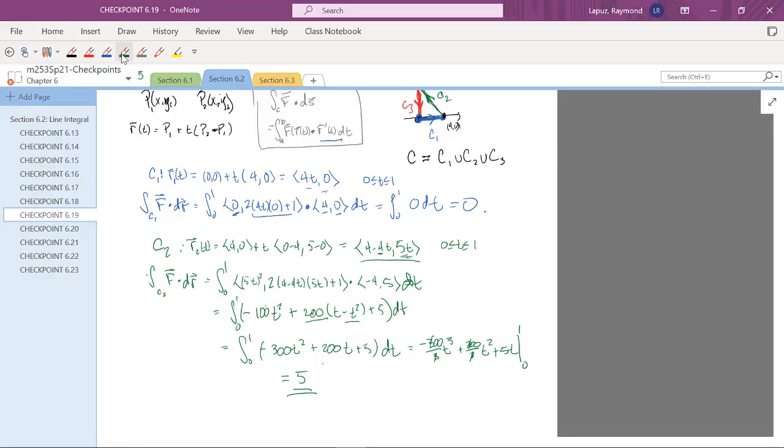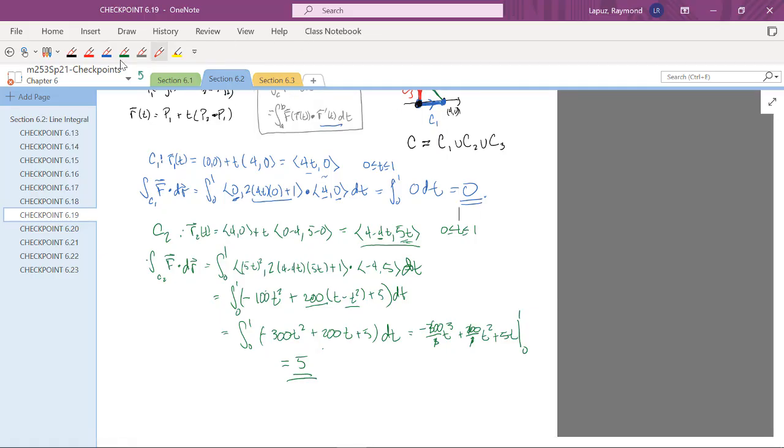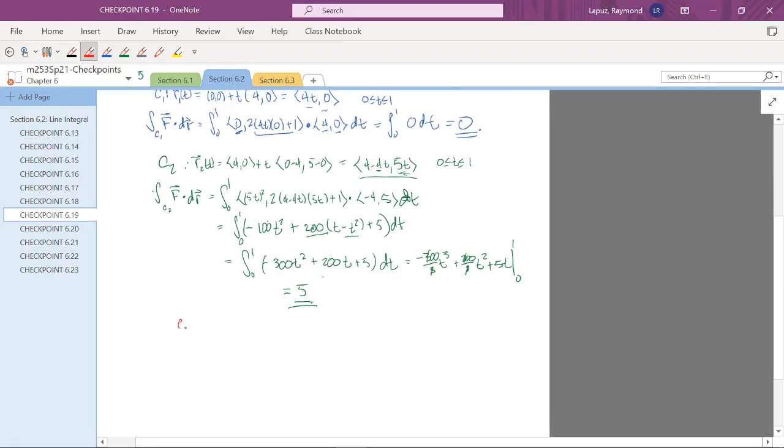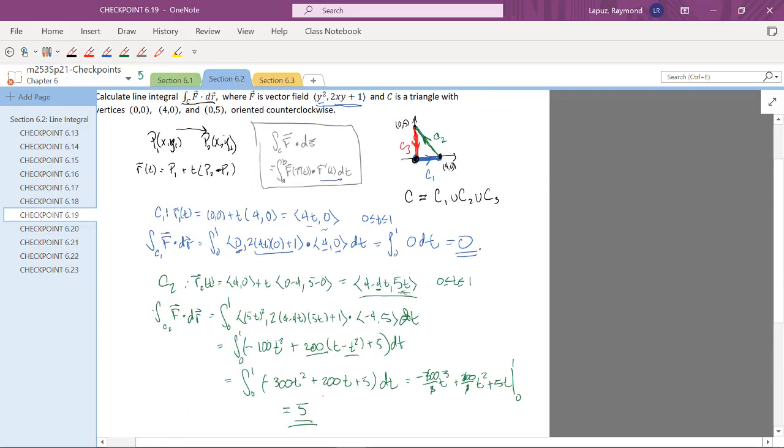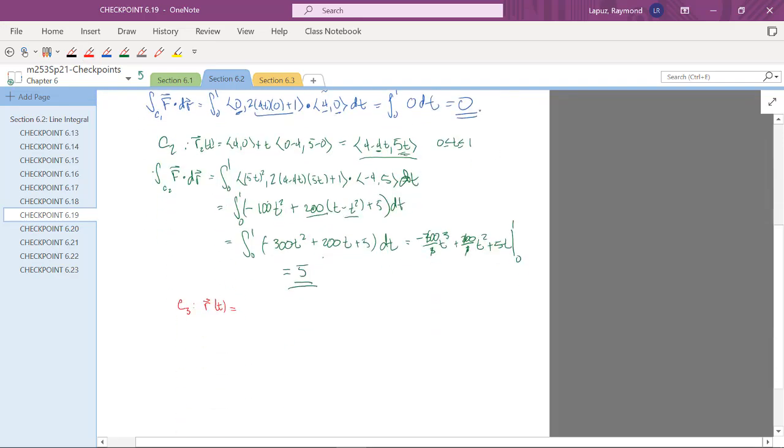All right. We got 2 down. We got 0 for the first one. We got 5 for the second one. Now let's take the last one. Let's call that one C3, and we will be parameterizing this line segment from (0, 5) to (0, 0).